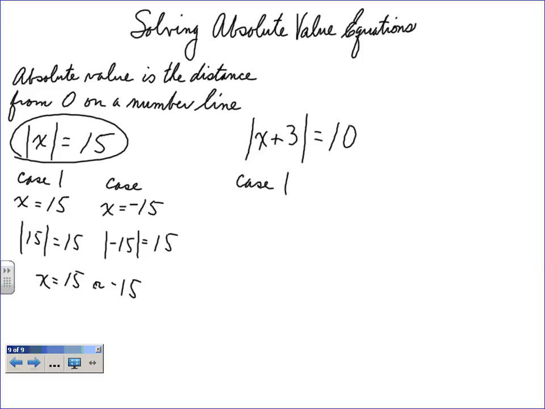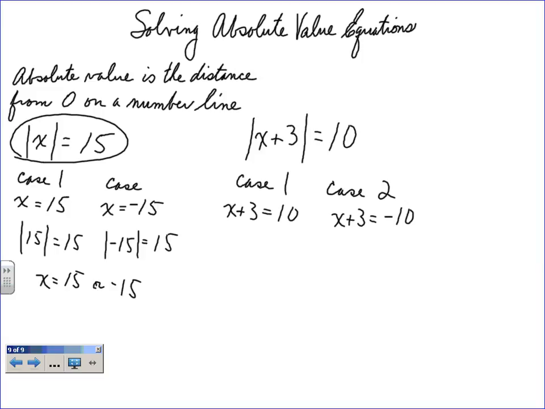What's inside the absolute value could equal 10. In case 2, what's inside the absolute value could equal what? Negative 10. And then we want to solve both those equations for x.